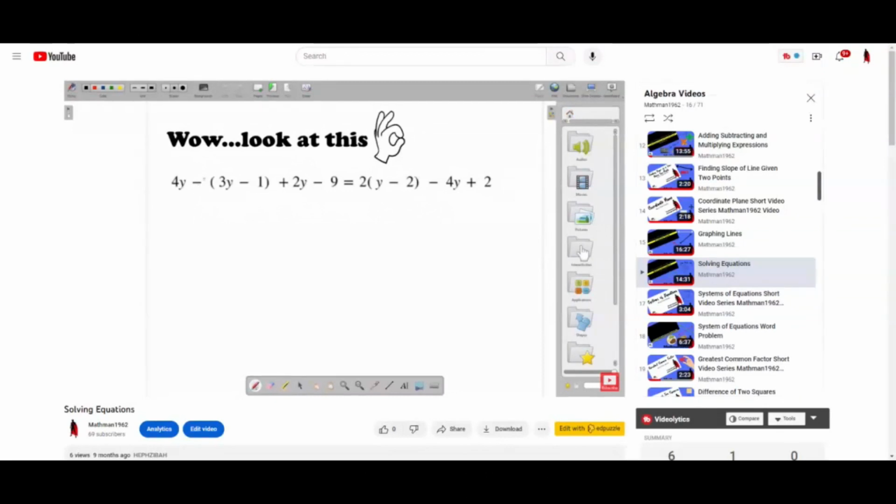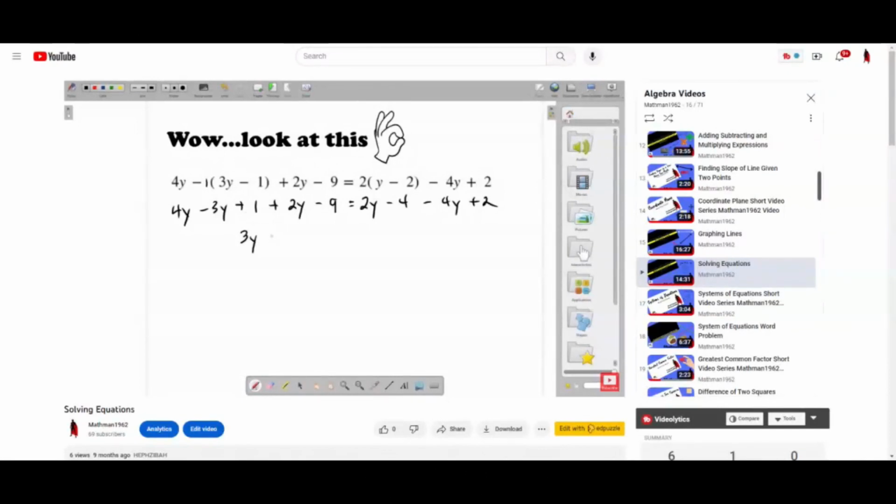I'm going to first of all distribute a negative 1 over each term in the parentheses, so I get 4y minus 3y plus 1, negative 1 times negative 1, plus 2y minus 9 equals, distribute the 2 over each term inside the parentheses, I get 2y minus 4 minus 4y plus 2. Combine my like terms, 4y minus 3y is y, plus 2y is 3y.